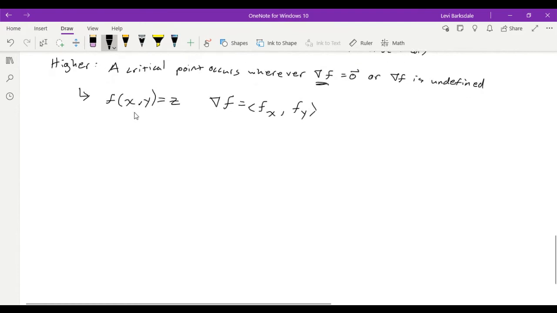So let's go ahead and find and classify. Go ahead and just find critical points of the function f of x, y is equal to x squared y plus 3x cubed minus y.